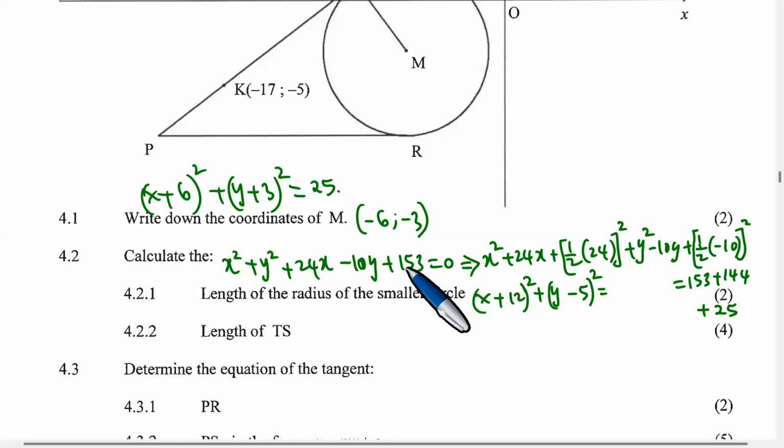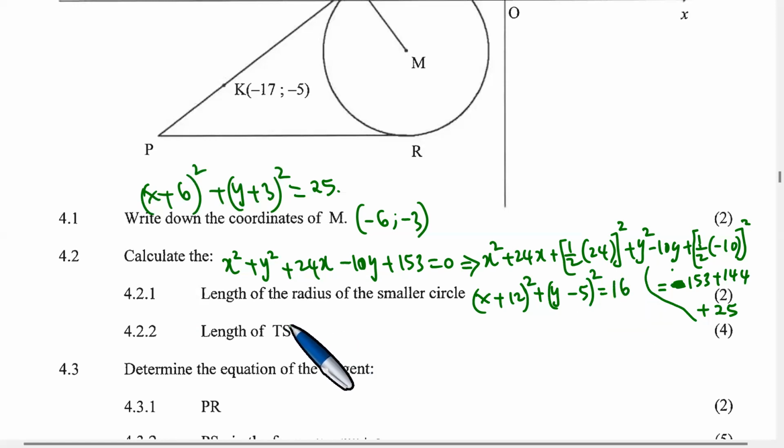Look at the fact that the 153 was positive and therefore it's going to become negative 153. And then if you have minus 153 now plus 144 plus 25, the answer is 16.